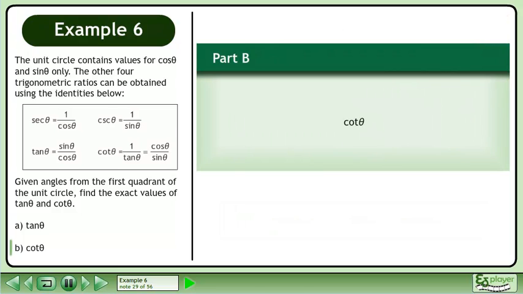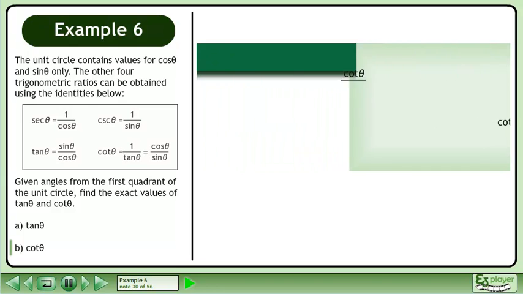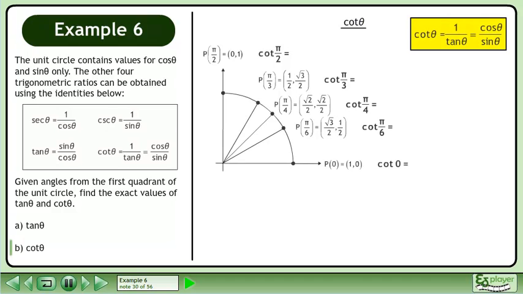In part B, we'll find the exact value of cotan theta for the first quadrant angles. Cotan theta is the reciprocal of tan theta, which is cos theta over sin theta. We'll begin by finding the exact value of cotan 0.